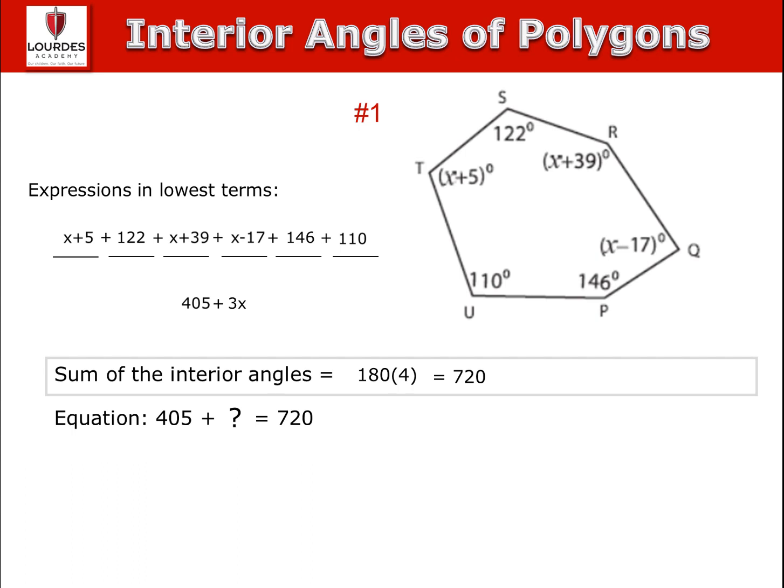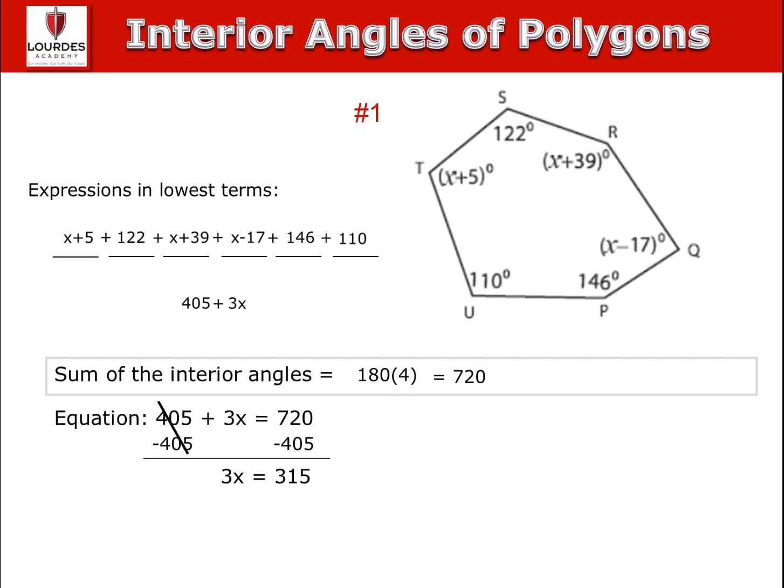So we're not even worrying about the coefficient of 3 on x. We just want to know, what does 3x need to be? And you told me that you would simply subtract 405 from 720, and mathematically what you're actually doing is subtracting 405 from both sides to keep the equation equal, and you end up with 3x equals 315.